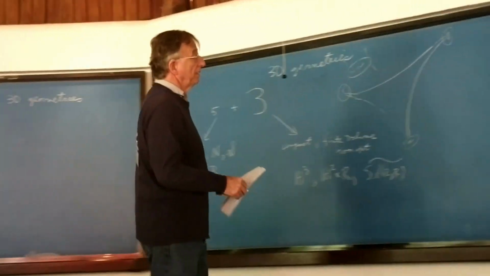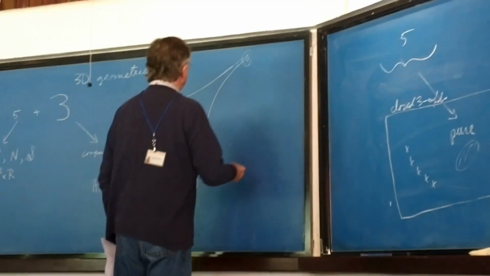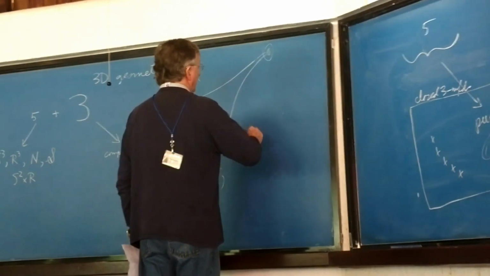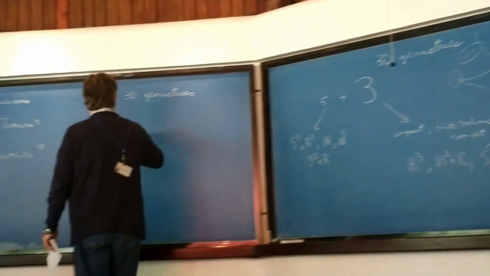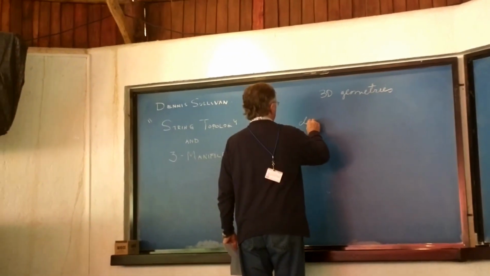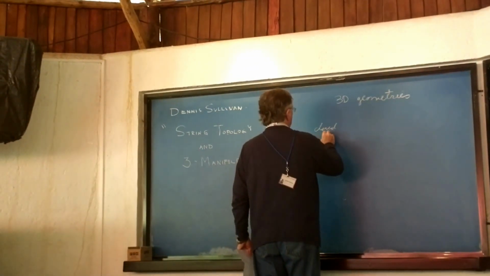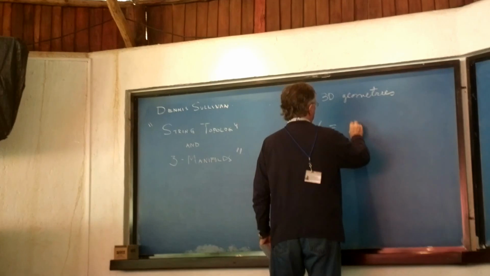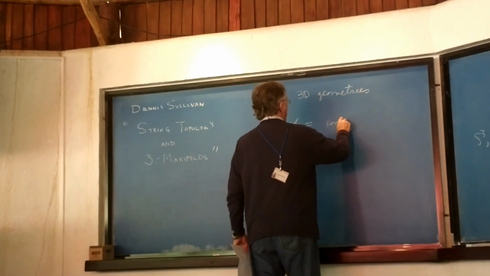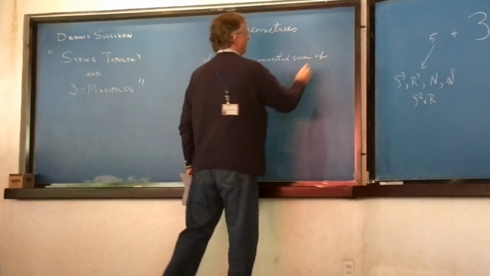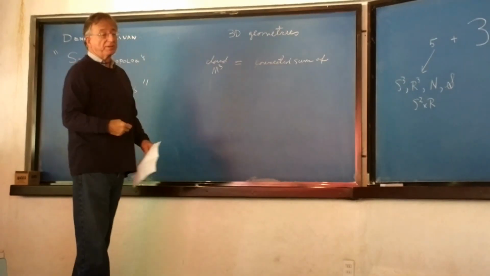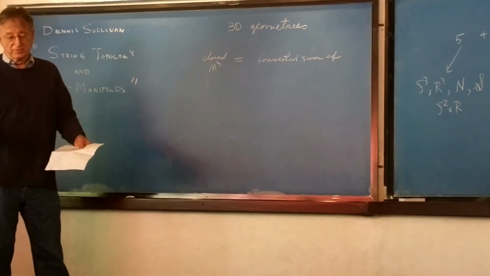And then prime means, well, every closed three-manifold is a connected sum of primes. It's a connected sum of closed manifolds which themselves cannot be written as a non-trivial connected sum.